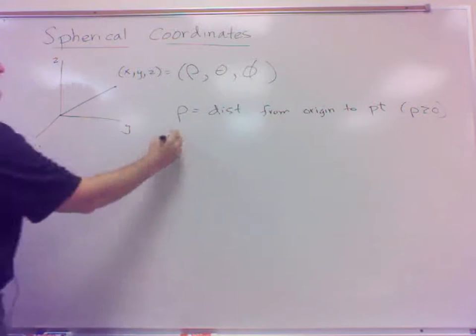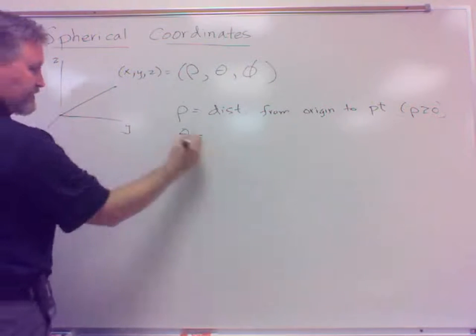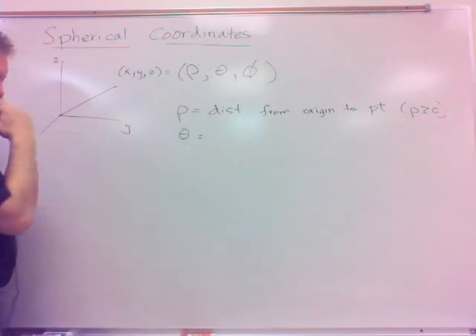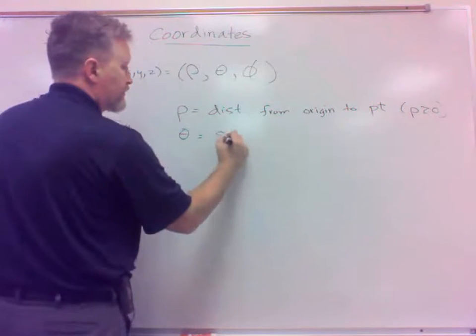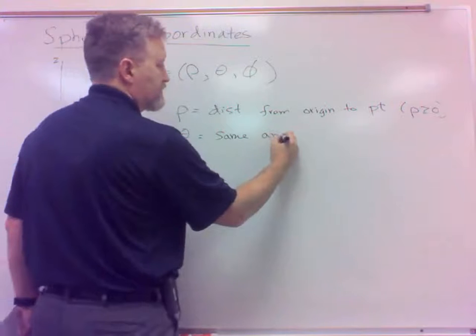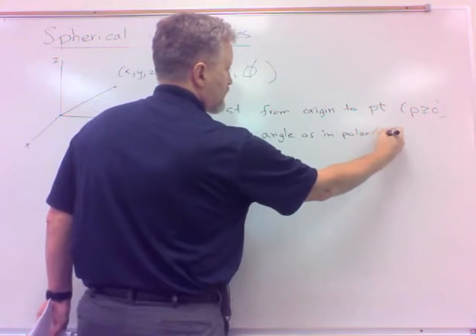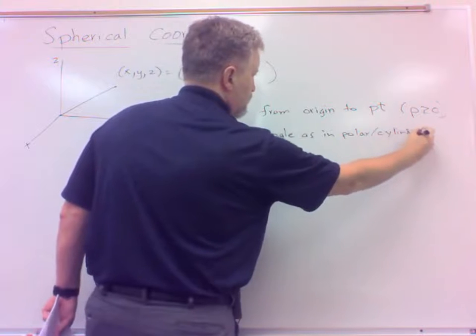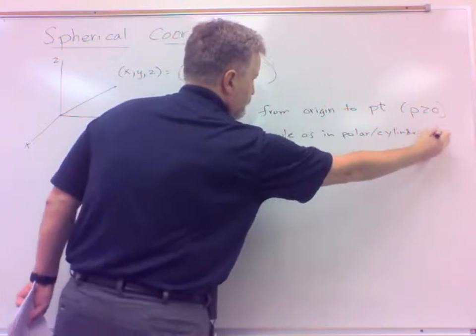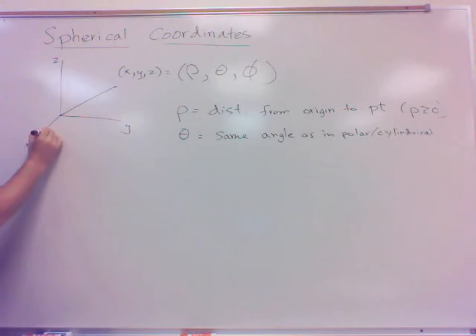Theta is one we're familiar with. Theta is the same angle theta as in polar or cylindrical coordinates. It's the angle made here in the xy plane from the positive x-axis.